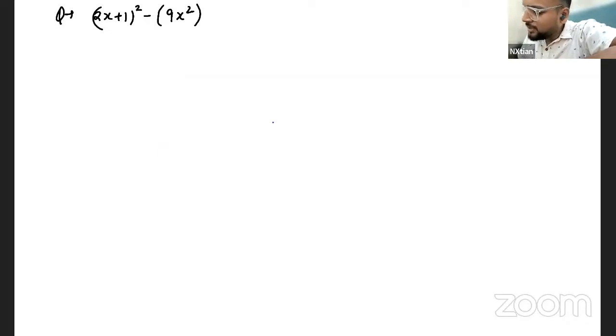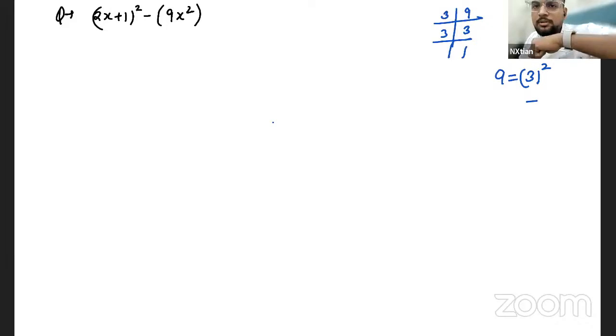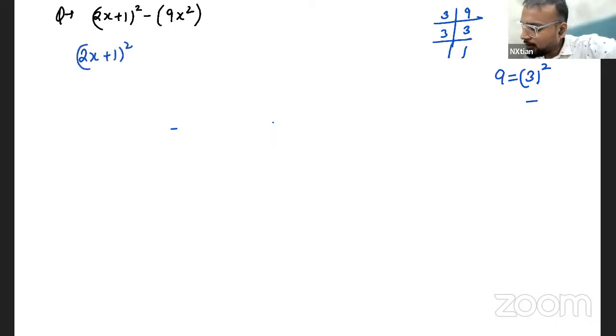Okay. Now this is the question. 2x plus 1 whole square minus 9x square. If I do the prime factorization of 9, it means that 9 can be written as 3 whole square. Yes or no? So can I write like this? 2x plus 1 whole square minus 3 square x square.